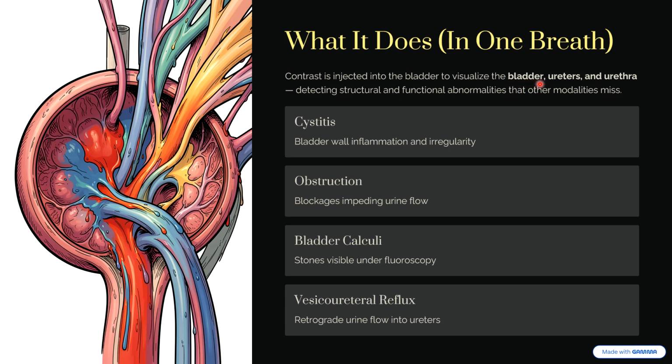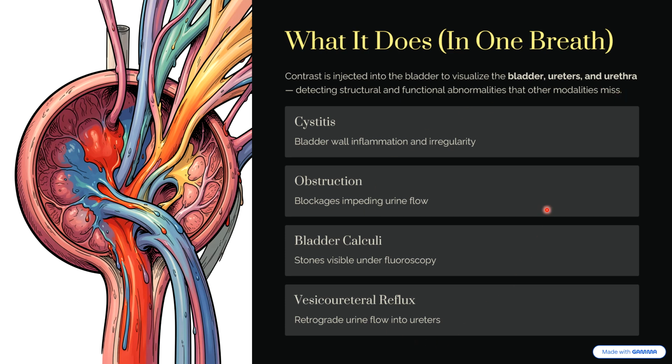Number one is urinary bladder, number two is ureters, and number three is urethra. So detecting structural as well as functional abnormalities that other modalities miss. This is the importance of the cystourethrogram to know about the functional and the structural abnormalities of these three structures of the urinary system: bladder, ureter and urethra.